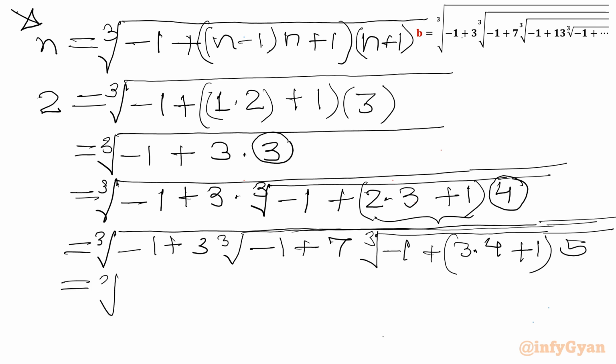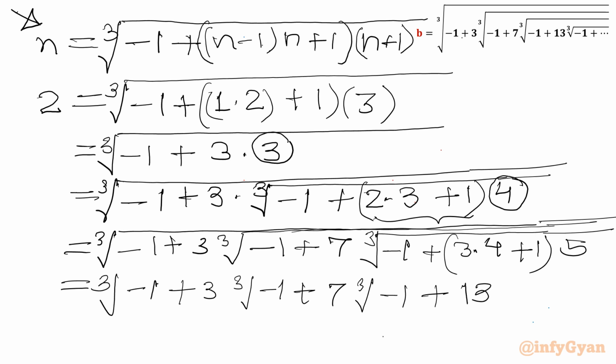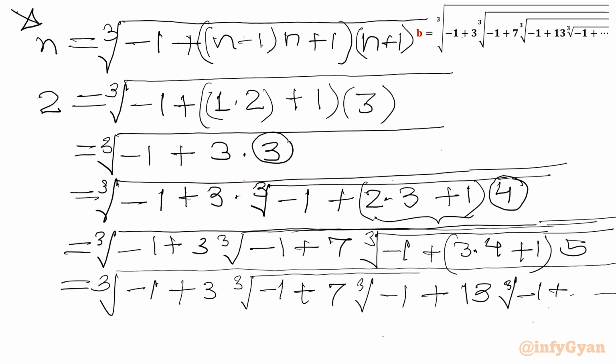We can write cube root of minus 1 plus 3 times cube root of negative 1 plus 7 times cube root of negative 1 plus 3 times 4, 12 plus 1, 13. Again I will write cube root of minus 1 and so on. Once I will apply the same recursion formula for n equal to 5.